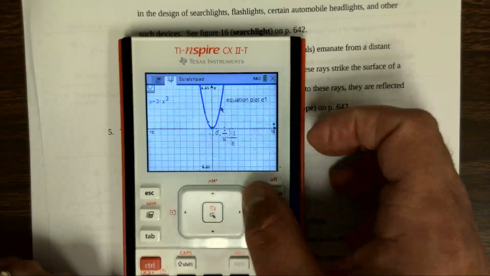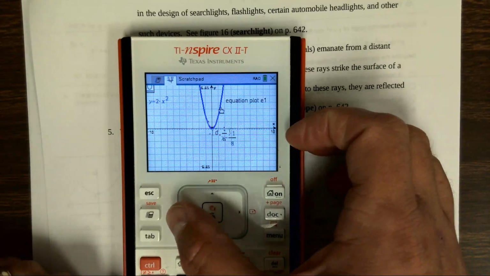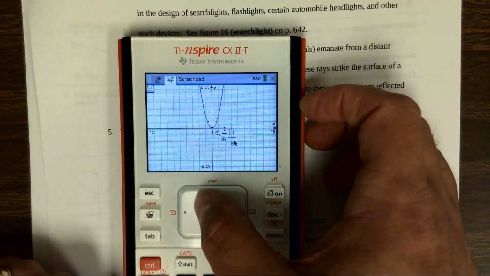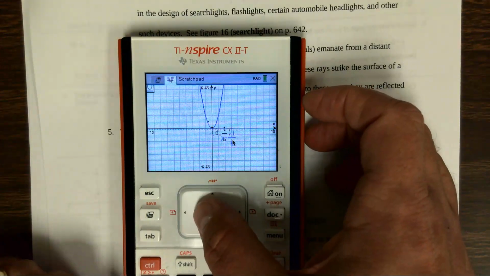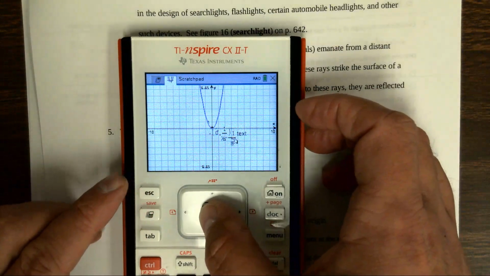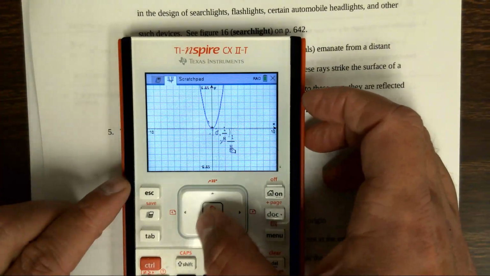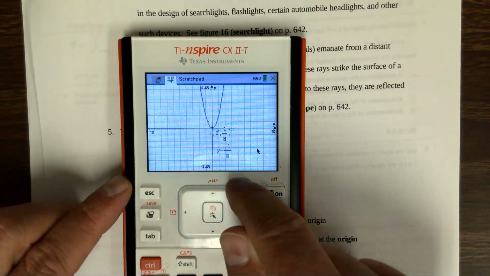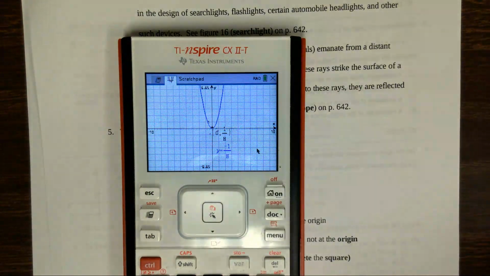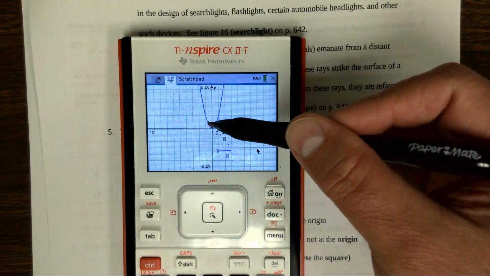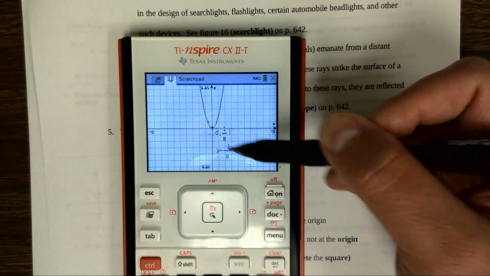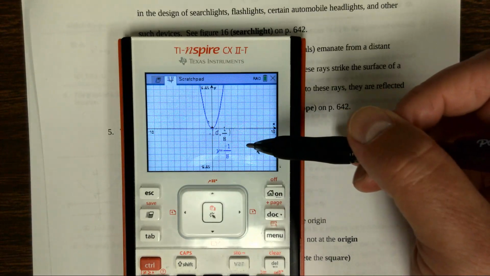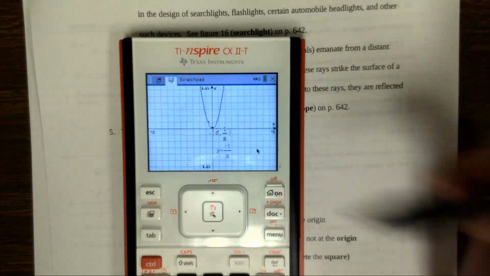And when I move it to the parabola, it's showing me this equation of this line. It's a horizontal dashed line, y = -1/8. Because if I went up 1/8 for my focus, then I go down 1/8 for my directrix line, my vertex right in the middle.